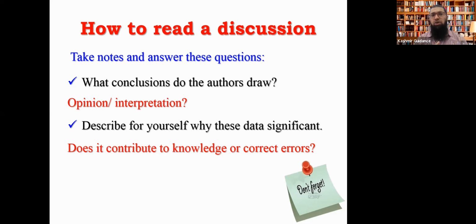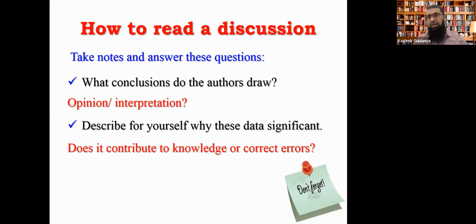So you need to ask what conclusion the authors draw from this result, and whether this conclusion is supported by some discussion, or has been discussed very well with the previously available research papers. Similarly, opinions and interpretation, you can describe for yourself why these data are significant, and you also need to ask while reading, does it contribute to knowledge or correct errors?